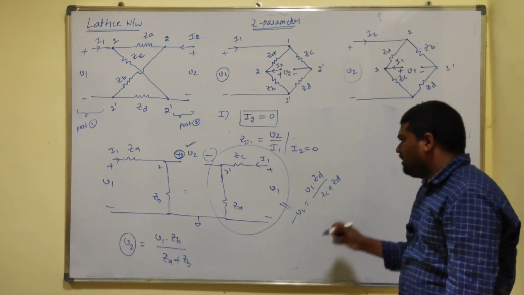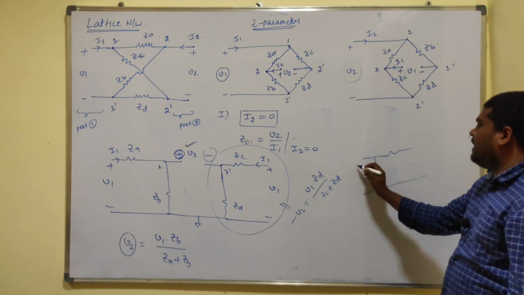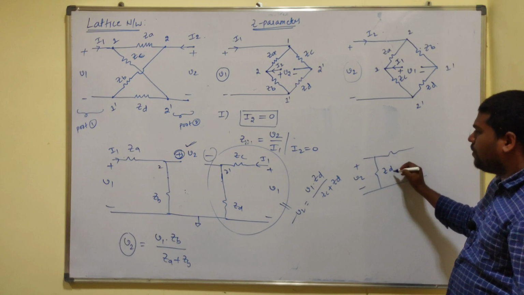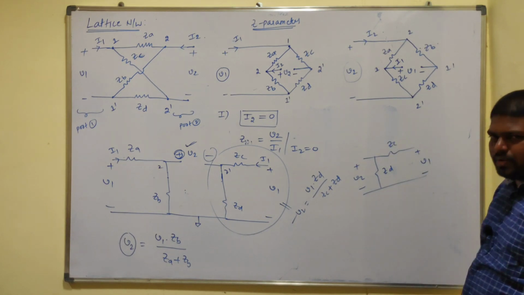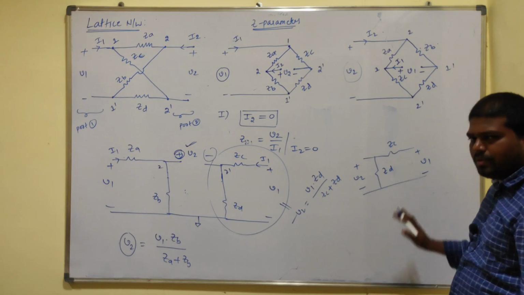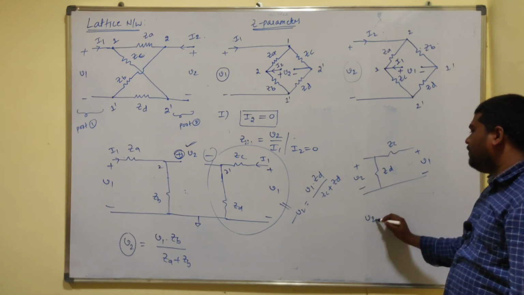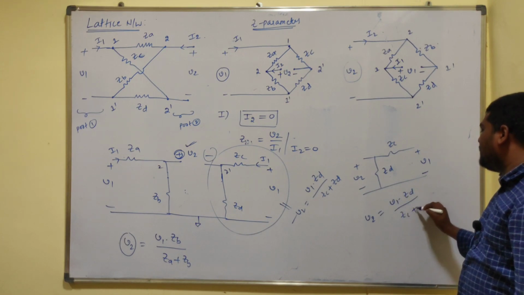Otherwise, for example, same network. So this is your network. For example, here I will take V2, and this one is ZD, and ZC, and here we have voltage drop V1. As you can assume, the circuit is like this. For this circuit, the V2 value has a plus minus symbol, so V2 equals what? V1 into ZD by ZC plus ZD.